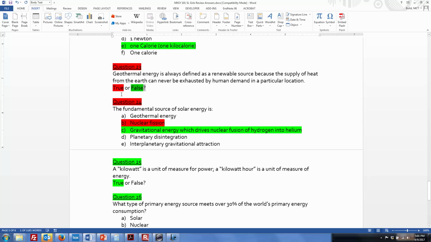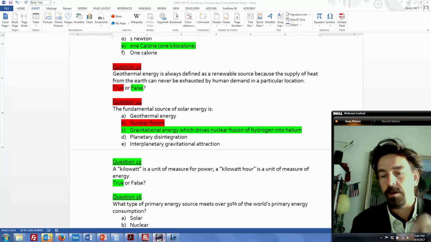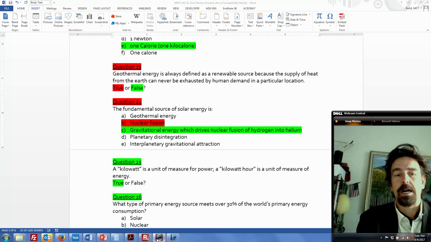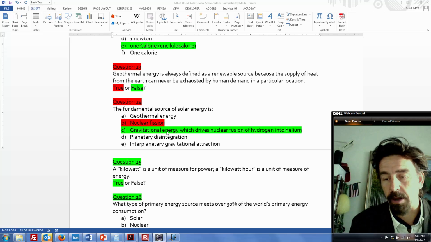Okay, problem 24. 24 is very tricky. It's a bad professor making a tricky problem. B is correct. It's not wrong, but C is more correct.